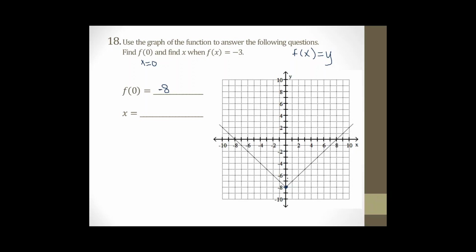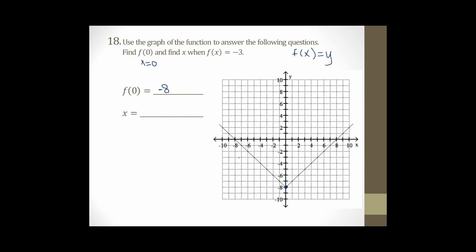Alright? So now it's asking for the x value when y is -3. Because remember, f of x is the same thing as y. So when y, or f of x, is -3, what are my x values? So here is -3 on the y-axis.